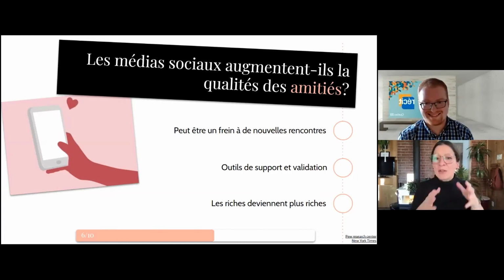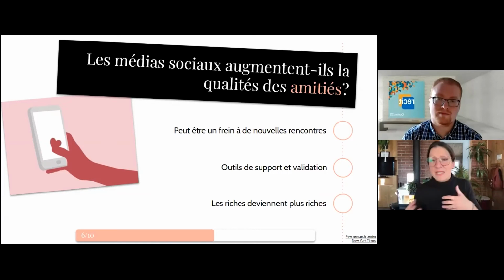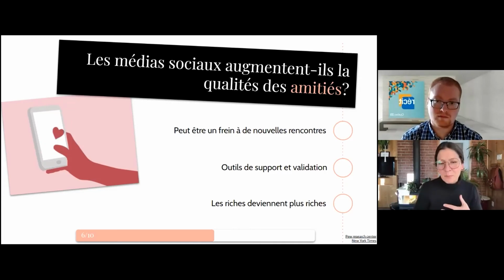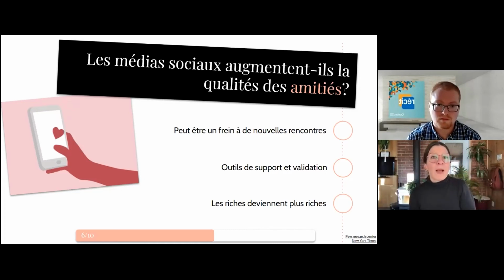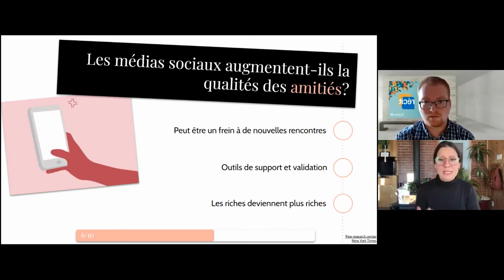So if you already had strong friendships, it won't decrease the quality. On the contrary. However, the reverse is also true. For those who had more difficulty to adapt and create friendships, it won't help them. It won't improve the quality of friendships. However, in the article published by Science Quebec, they said that it could also represent a way to create new friendships.